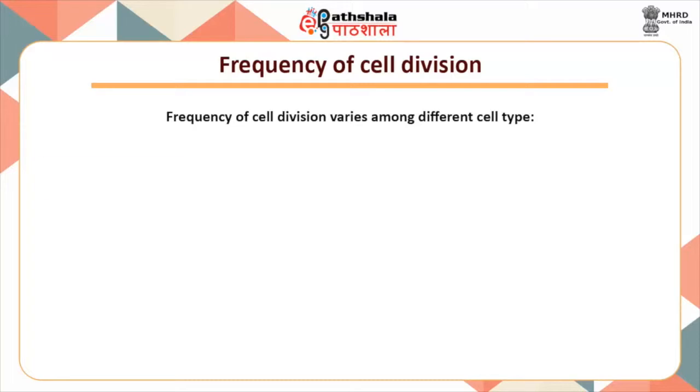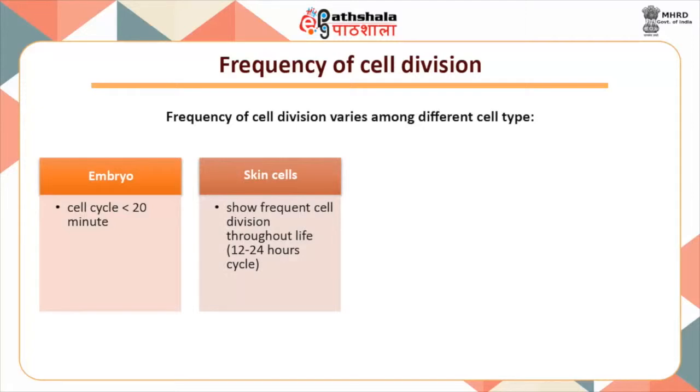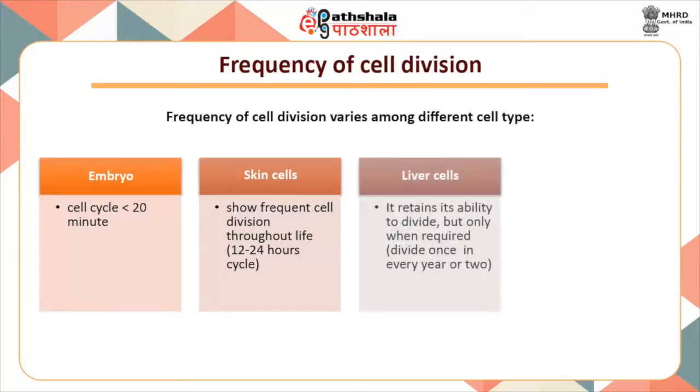For example, cells of an embryo divide approximately every 20 minutes. Our skin cells show frequent cell division, around 12 to 24 hours per cycle. They are replaced very fast. If you take the example of our liver cells, they retain their ability to divide only when required.